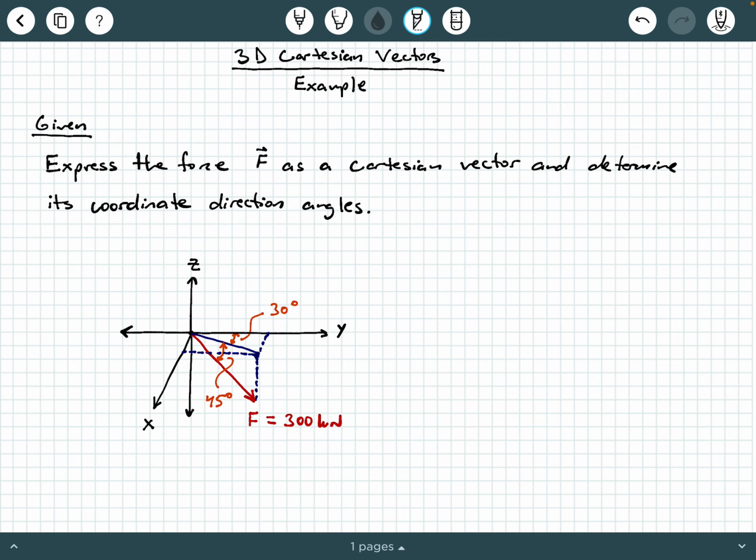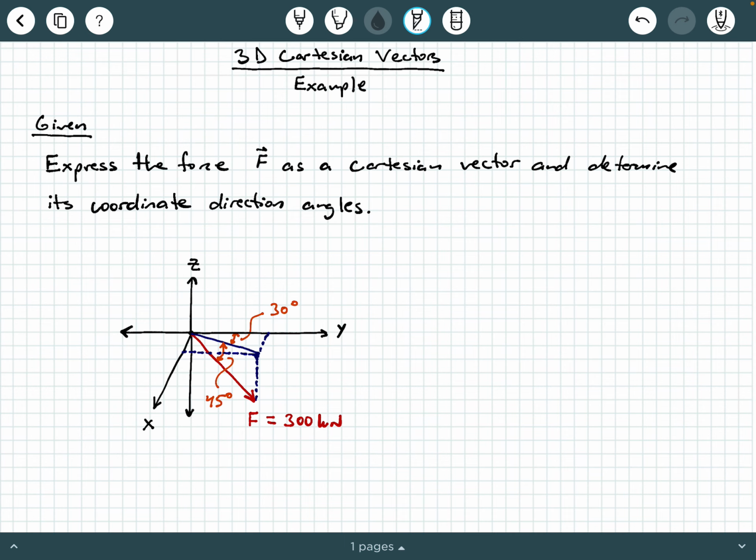So how do we analyze a system when we have these projection angles instead of coordinate direction angles? Again, look back in your notes or a previous background video, but the way we do this is we look at each of these projections as a two-dimensional, or planar, right triangle.